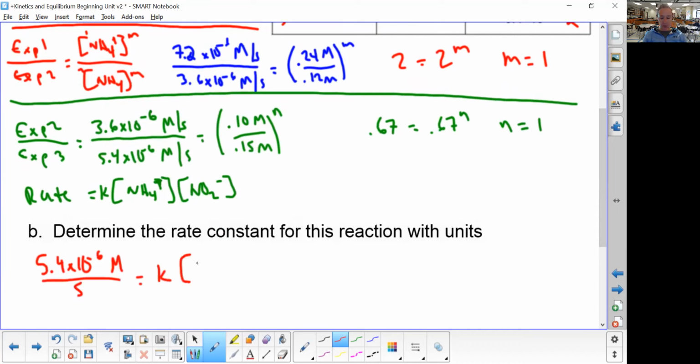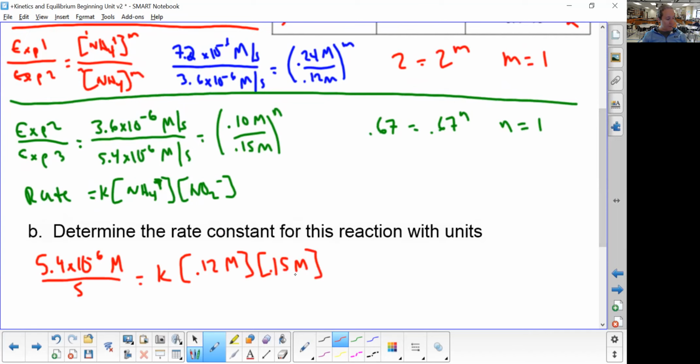And then I have to put in the concentrations for experiment 3. So the ammonium is 0.12 molar. And the concentration of the nitrite ion is 0.15 molar.